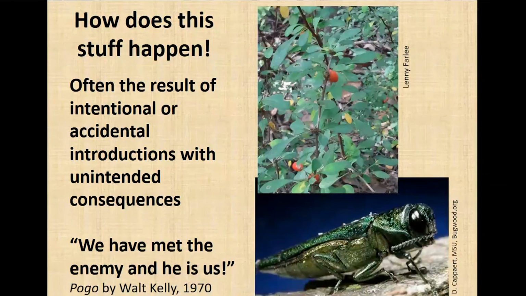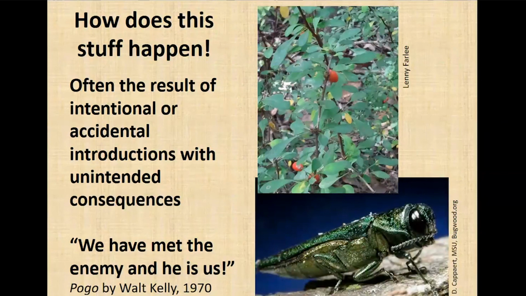So how did this stuff happen? How did these get on the landscape? It's often the result of either intentional or accidental introductions and the unintended consequences of these escaping from the plantings they were originally put into natural or other environments. And so we've got a wide variety of examples of this.